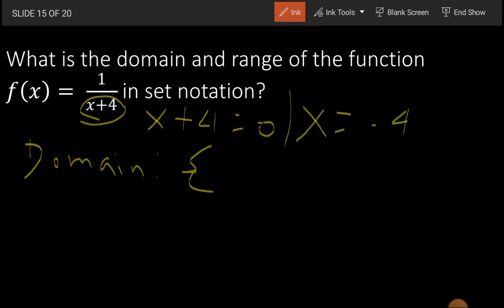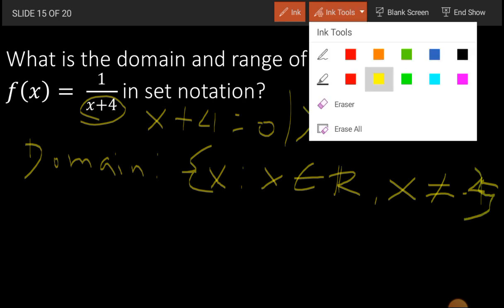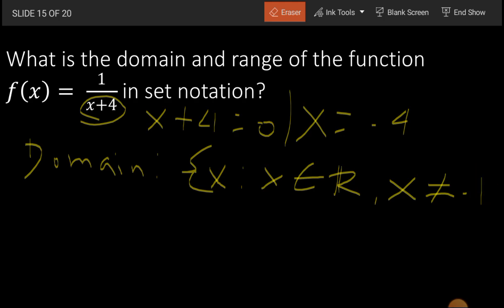So the domain could be x such that x is an element of real numbers, but x could not be equal to -4. Okay, so that's the domain, I should say. Let me just fix this, -4, then that.